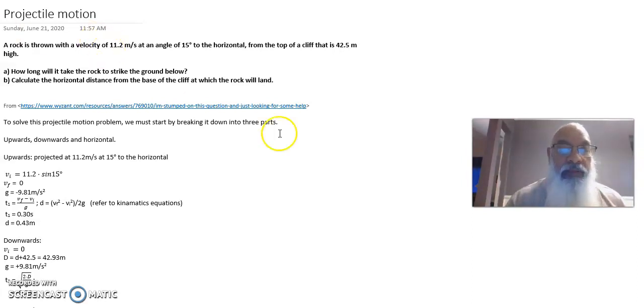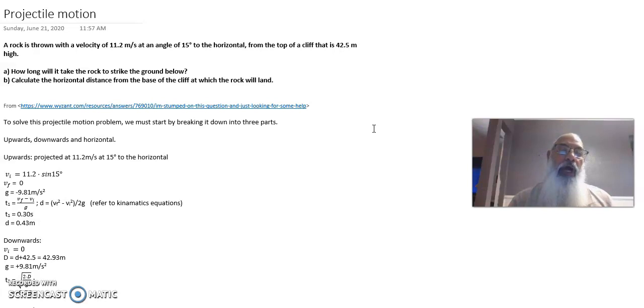Again, to be sure, remember that all projectile motion is under the influence of a single significant force, which is the force of gravity. So the acceleration that the object experiences is only in the vertical direction, none in the horizontal direction.